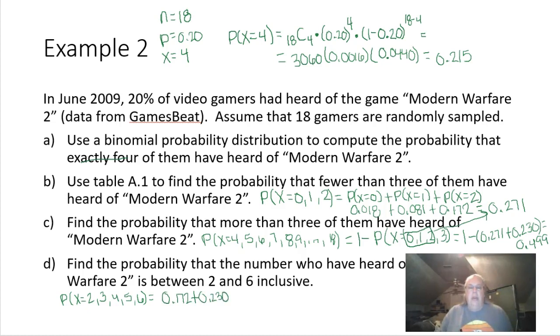And now I'm going to get 4, 5, and 6 out of the table. 4 is 0.215 and 5 is 0.151 and 6 is 0.082. And if we put all this in our calculator and add it together, we're going to get 0.85.